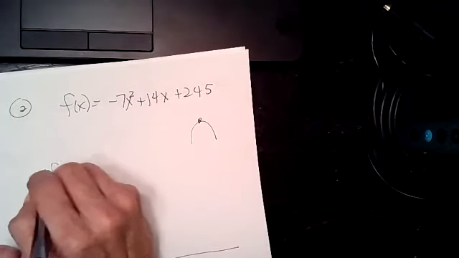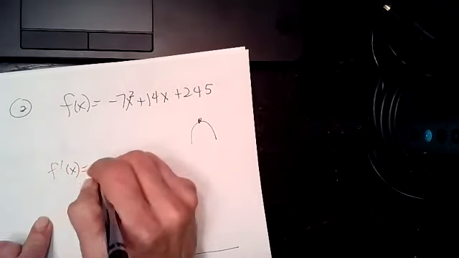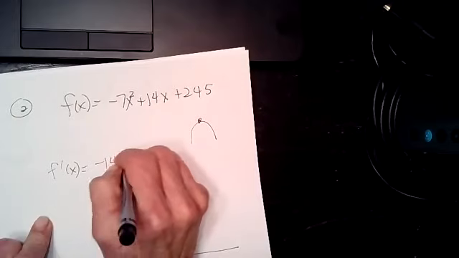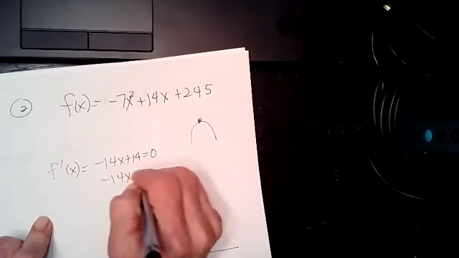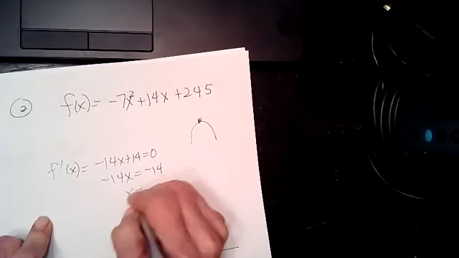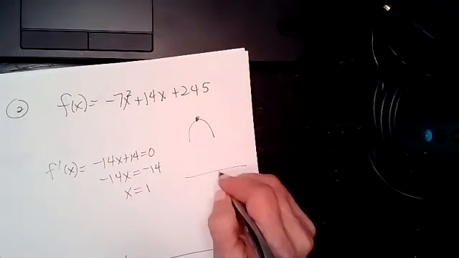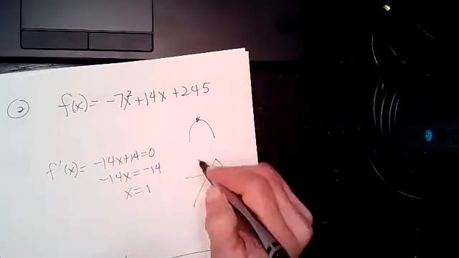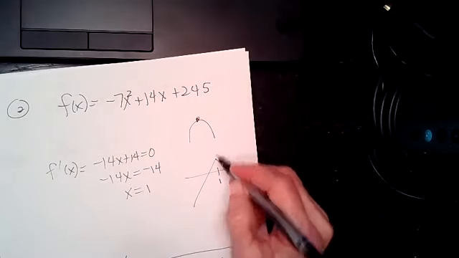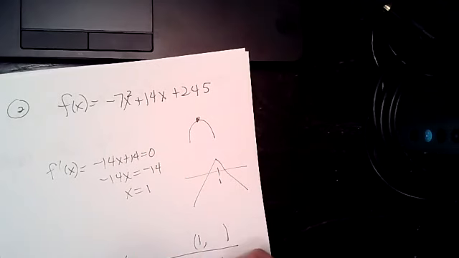So let's take the first derivative and find that point, negative 14x plus 14 equal to 0. So I get x is equal to 1. So there's my 1, and I know it goes up and then down because it's the shape. And so I have a local max at 1 something and no local min.